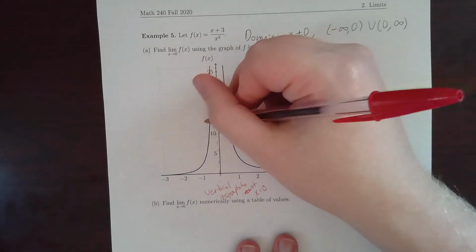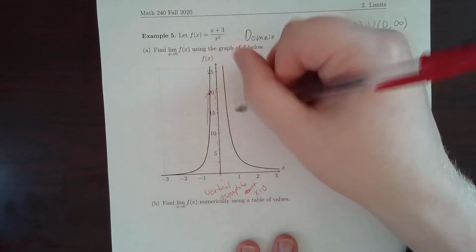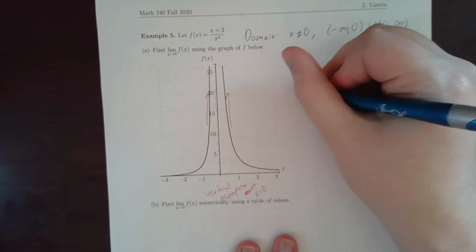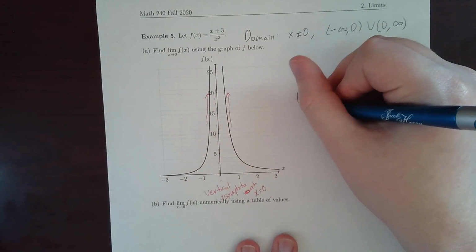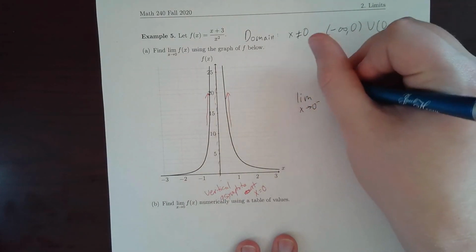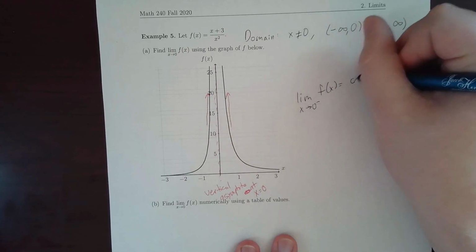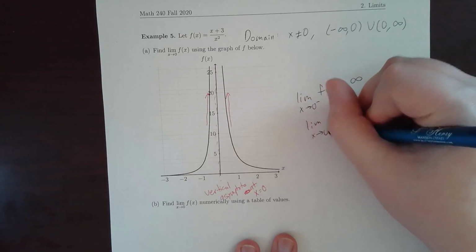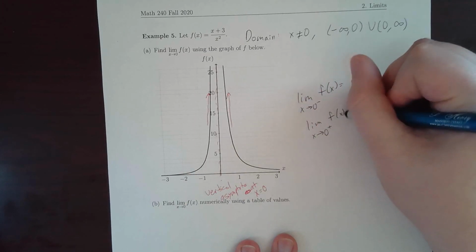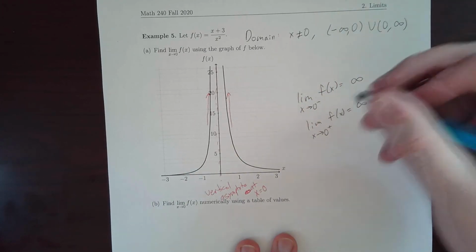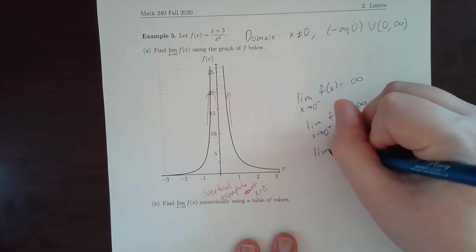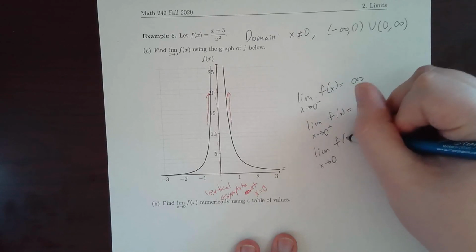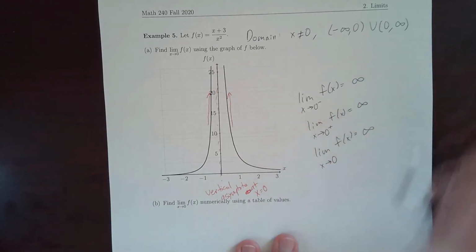And so when we look at our function values to the left and to the right of 0, we notice that the limit as x approaches 0 from the left of our function is infinity, and the limit as x approaches 0 from the right of our function is infinity. And so our overall limit as x approaches 0 of our function is infinity.